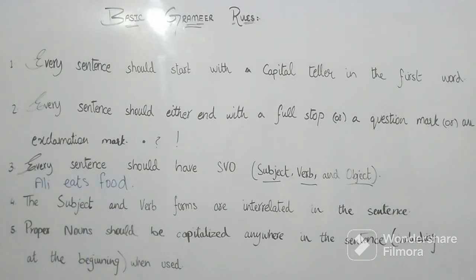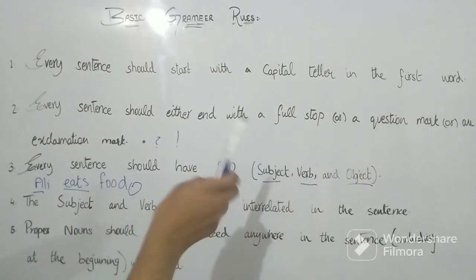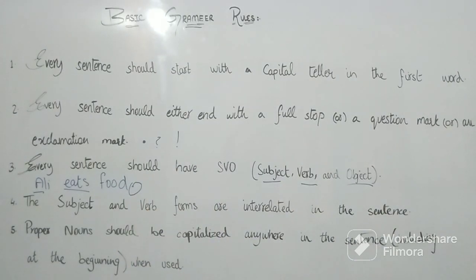Now, as you can see, our first rule was that the first letter of the first word should be capital, so here we have that with Ali. And then the second rule, that every sentence should end with a full stop, a question mark, or an exclamation mark.